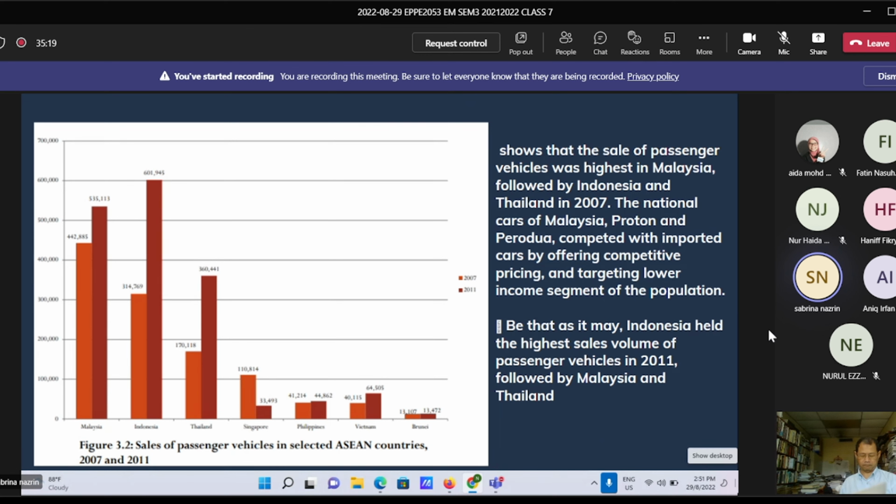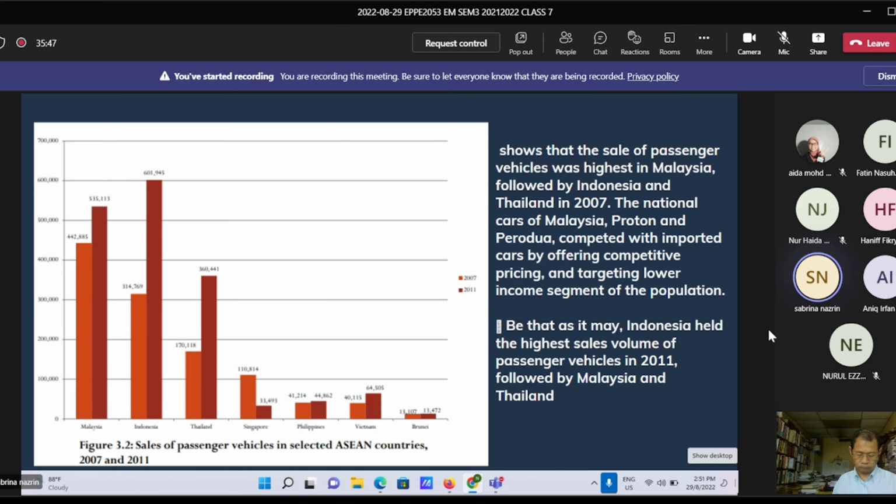This is a graph about the sales of passenger vehicles in selected Asian countries in 2007 and 2011. The graph shows that the sales of passenger vehicles was highest in Malaysia, followed by Indonesia and Thailand in 2007.